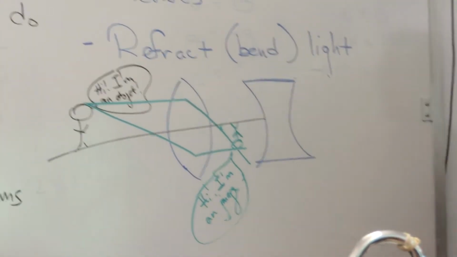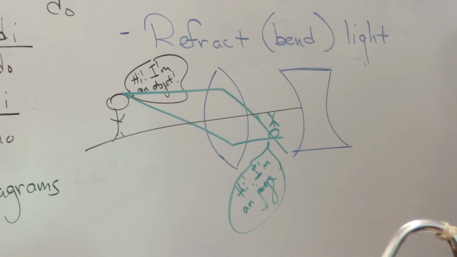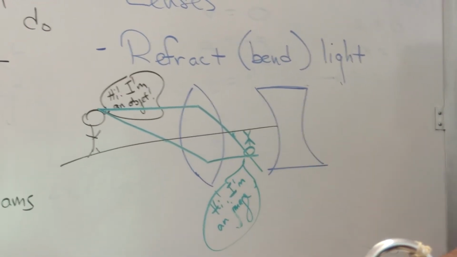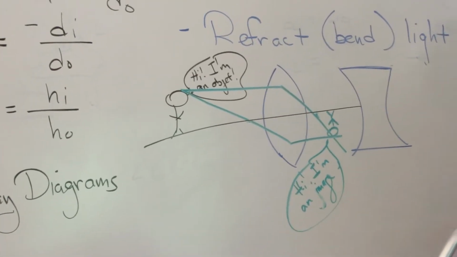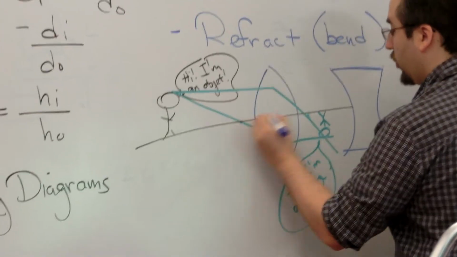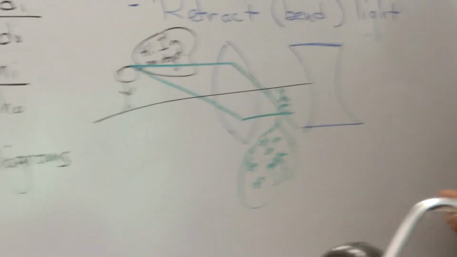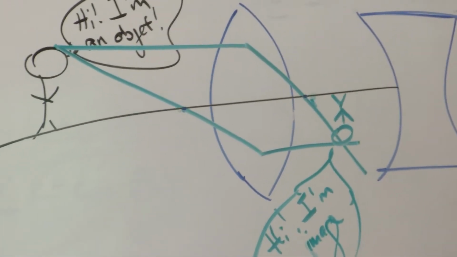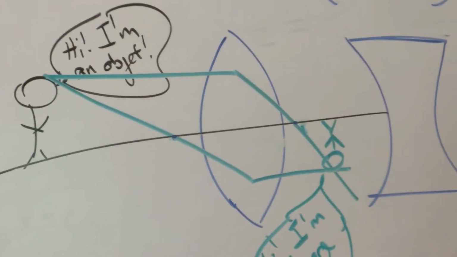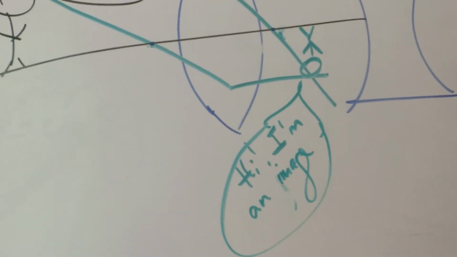That's the principal axis, so his feet stay on the axis. So here's our focal points, apparently. This should say hi, I'm an image, and it should be backwards and upside down. At least upside down.